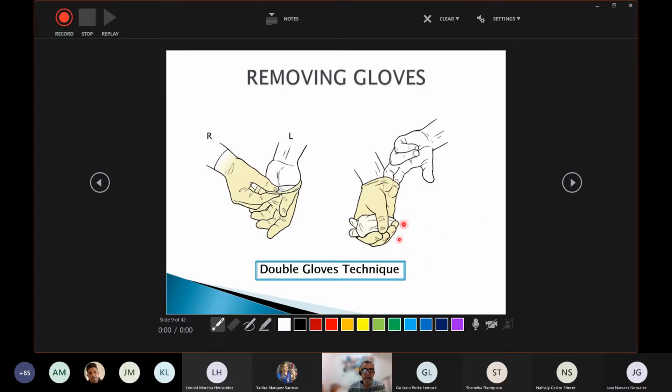This is what is called the double glove technique. This glove is going to be inside the other glove. If you have something very contaminated, you can keep it here, inside the first glove and inside the second glove. It's a good, elegant way of throwing away in biohazard something very contaminated, something very dirty.